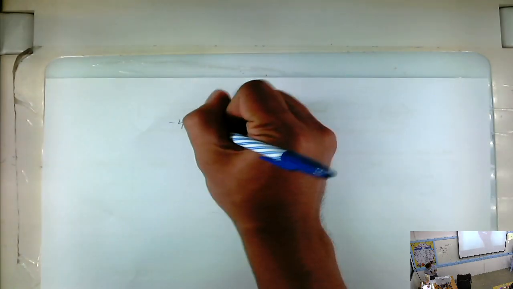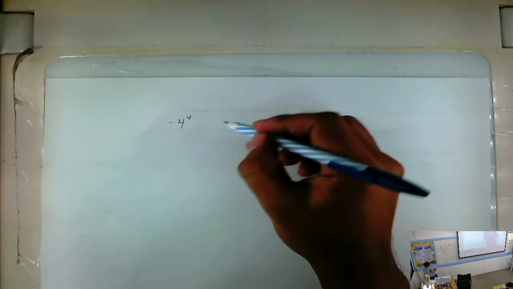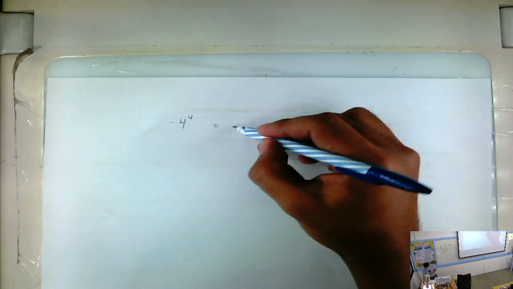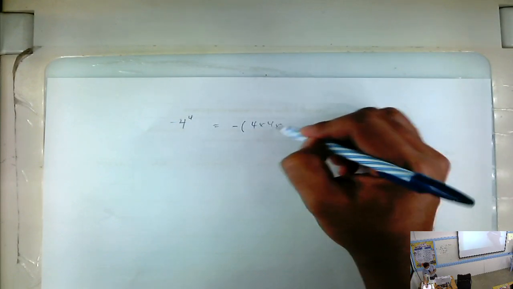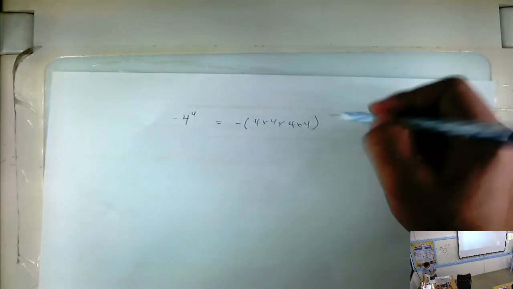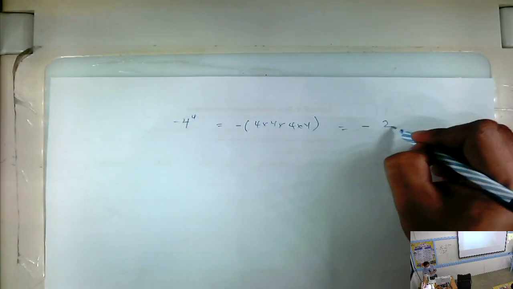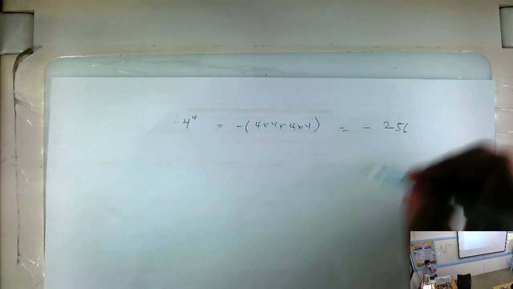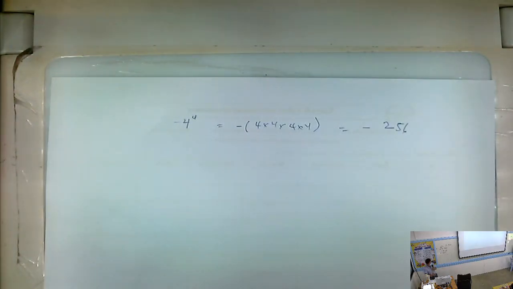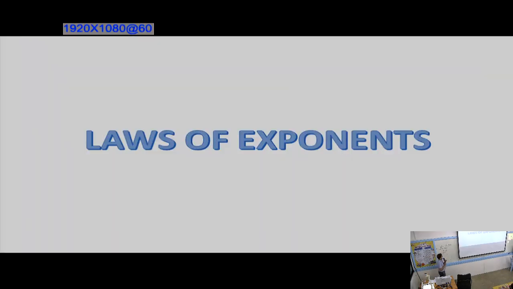Negative 4 to the power of 4 is negative times 4 times 4 times 4 times 4, which is equal to negative 256. Please check that in your notebook. It's not negative 196, it's negative 256.